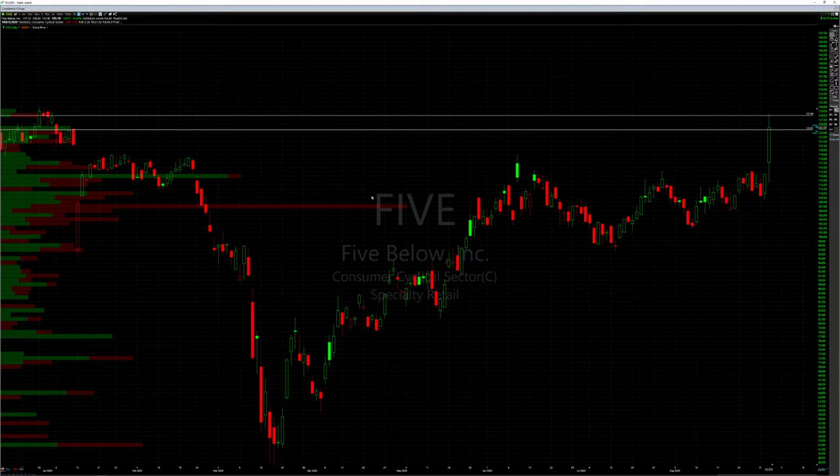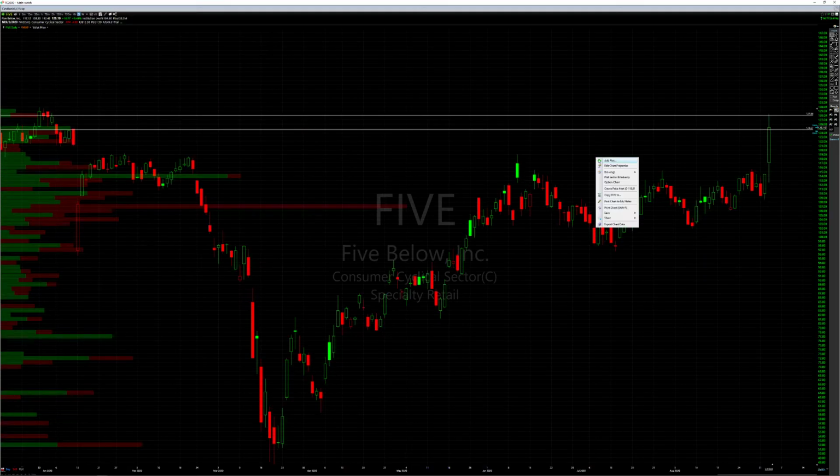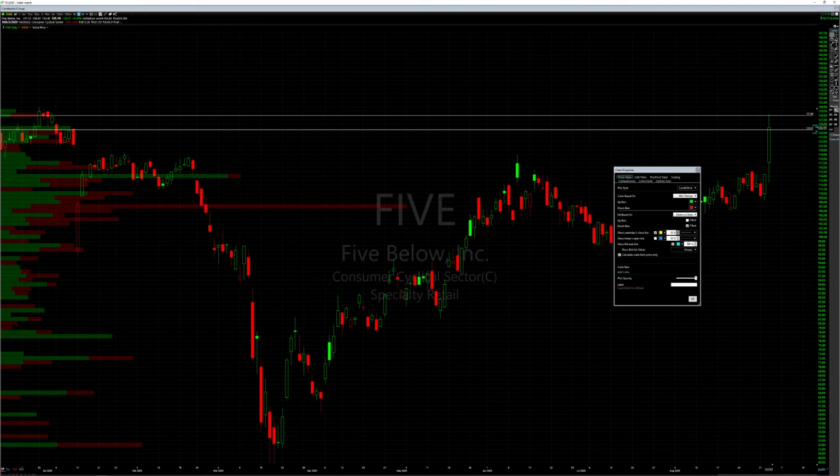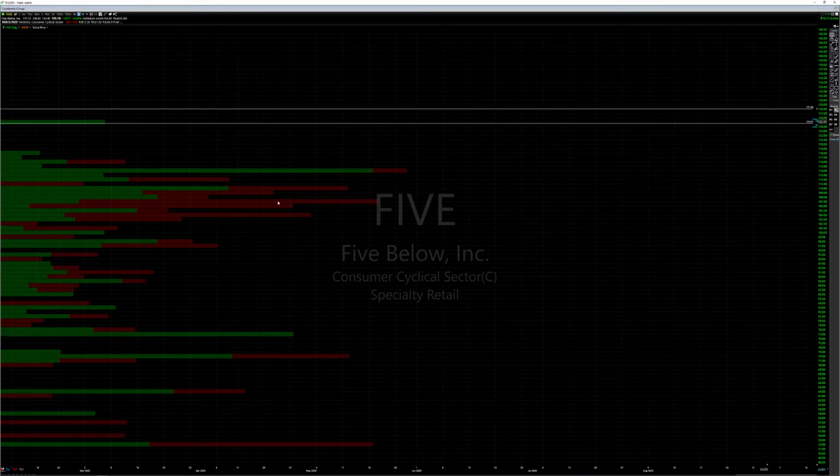Let's look on the chart and see if we can find it. All you have to do is look at the volume profile bars on the left side of this chart. I'm going to take this away so all you see are these lines, okay?